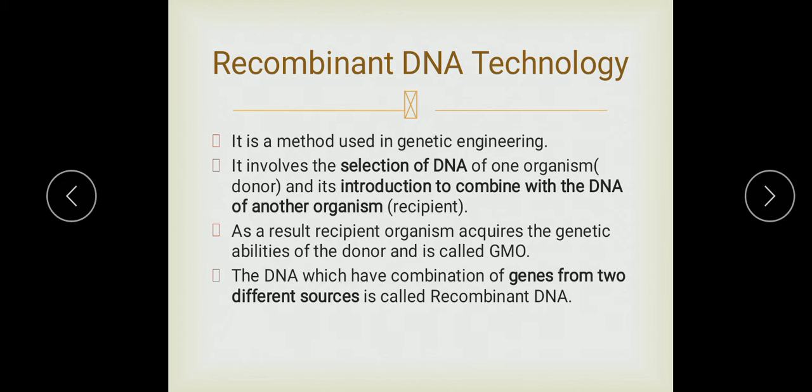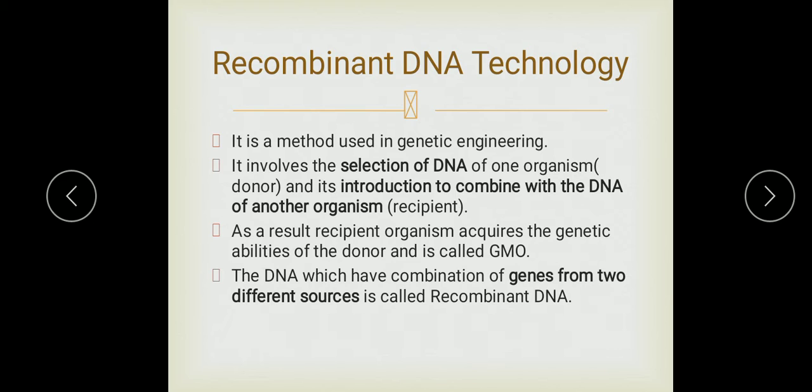In this technique, we select DNA from one organism, which we can say is the gene of interest, right? From the donor organism we select a gene and then we insert that gene in a recipient organism, right?